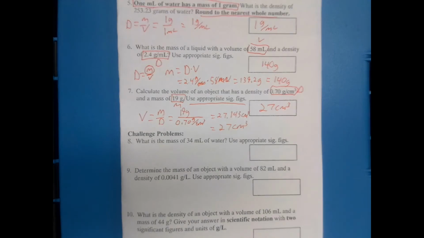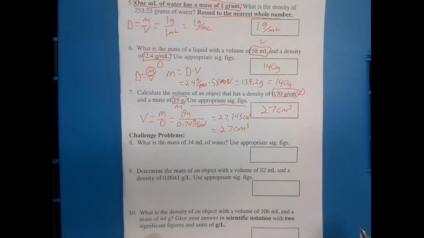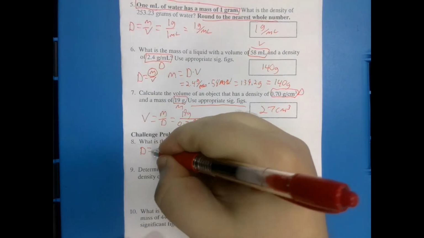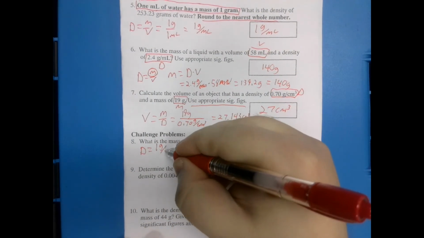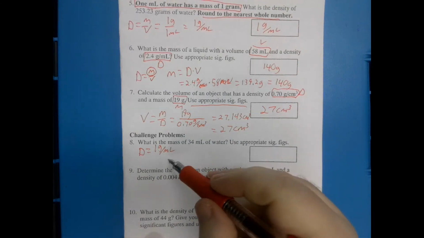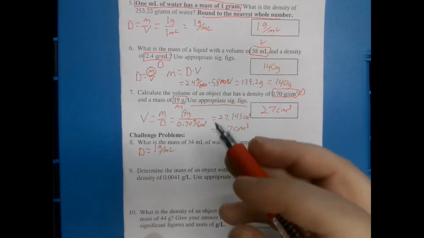So, challenge problems. What is the mass of 34 milliliters of water? We know from problem 5 the density of water is 1 gram per milliliter. I also told you in lab what the density was to begin with.